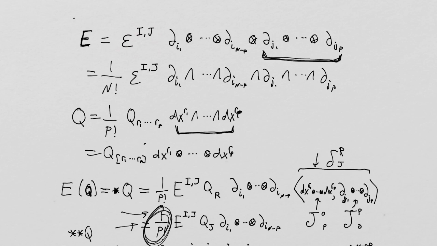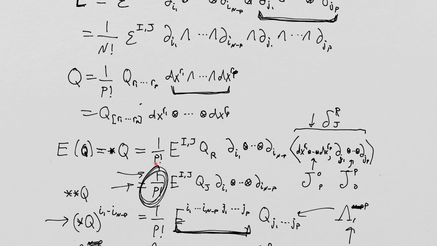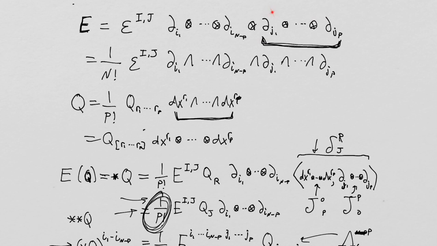It's actually just this varepsilon symbol. This 1 over p factorial is a convention. We'll talk about that in a moment. But those two are there. This is what's left over after we've stuffed these guys with these guys.